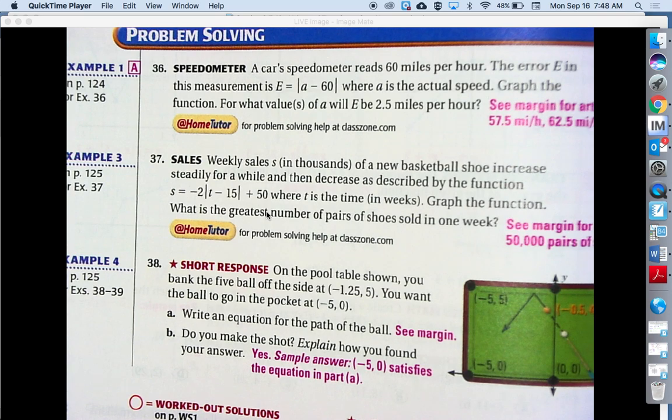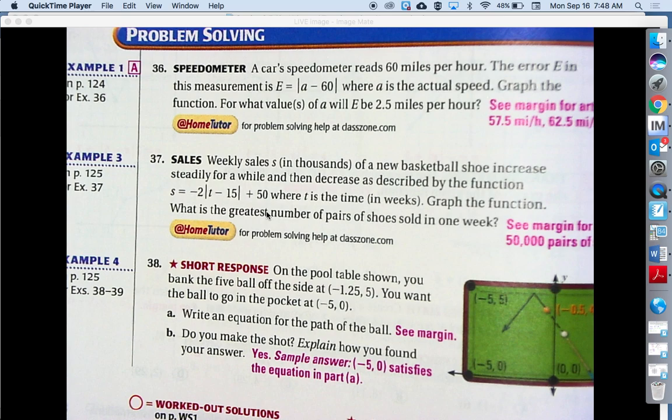So the question says, for what values of A will E be 2.5 miles per hour? So 1 would be 57.5 miles per hour, and the other one would be 62.5 miles per hour.